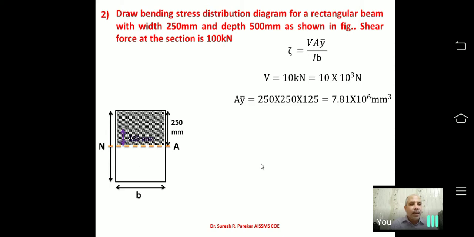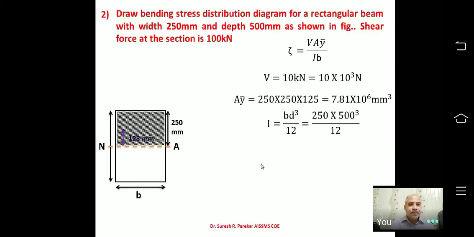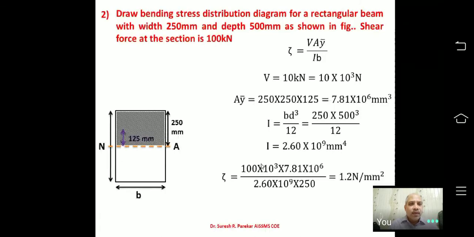Now I know A y bar, I know V, so I will put the values in tau. I we have calculated. So if we substitute the values in the equation of tau, that is 100 into 10 raised to 3, because shear force is given as 100 kilonewton, into 7.81 into 10 raised to 6, which is A y bar, I is 2.6 into 10 raised to 9, and B we have 250, which gives me tau max equal to 1.2 Newton per mm square, at the neutral axis.